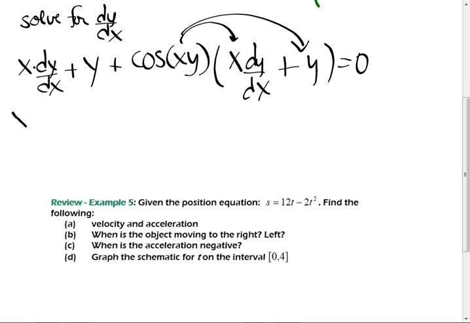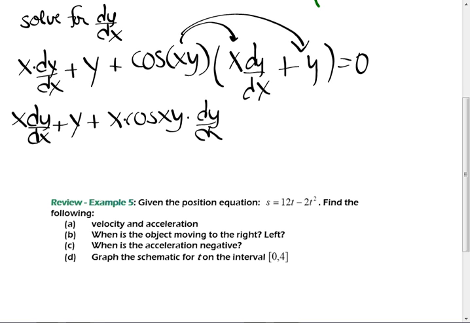So it's x dy dx plus y plus, now I'm going to multiply these together, x times the cosine of xy times dy dx. And then I'm going to distribute the cosine of xy to the y, so it's plus y times the cosine of xy equals 0.